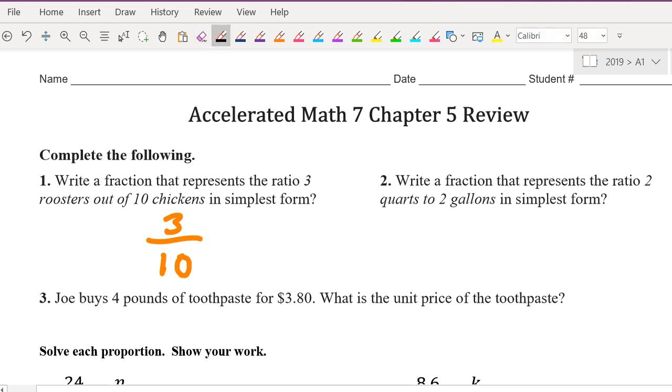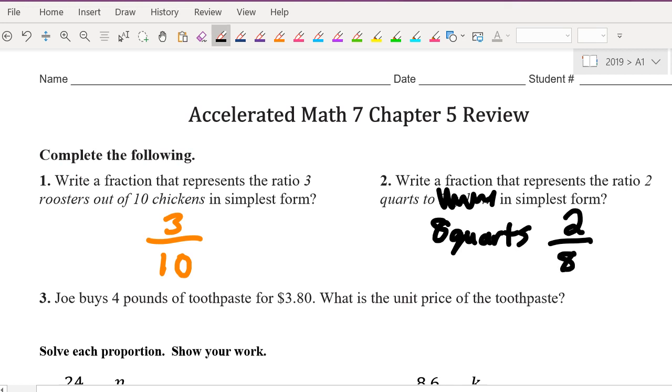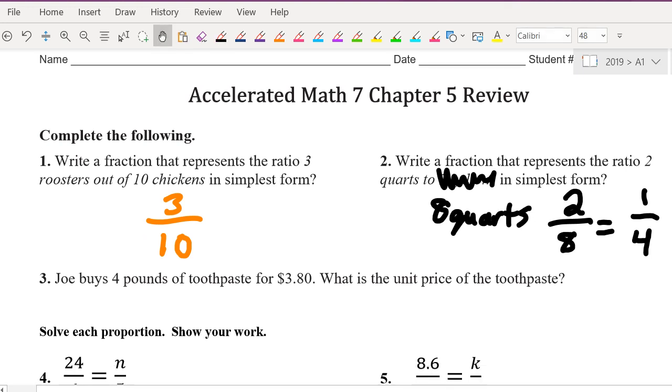So we do 4 times the 2 gallons, and we've got 8 quarts, right? So it's what to what? 2 quarts to 8 quarts, exactly. So what do we write? It's 2 to 8, and then we simplify it to 1/4. Any questions? All right, we're moving on.